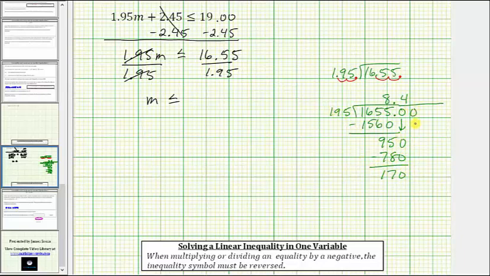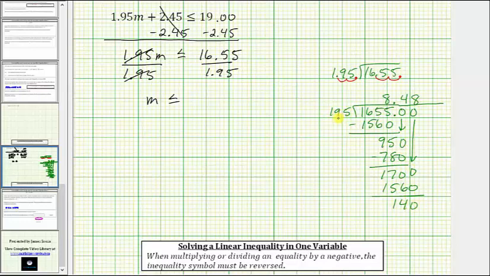We need to add a 0, bring it down, and now determine how many 195s are in 1,700, which is 8. We know from before 8 times 195 is equal to 1,560. Subtract. This difference is 140, which again is less than 195.